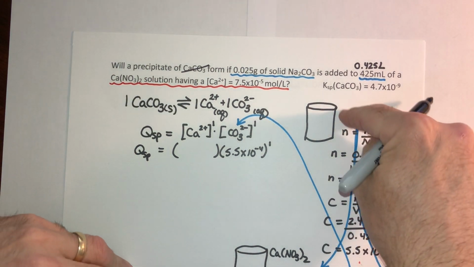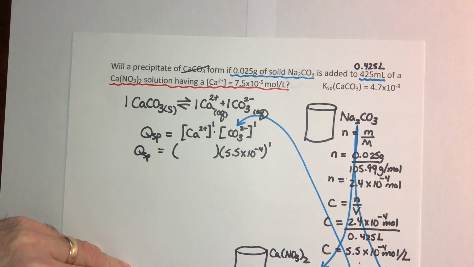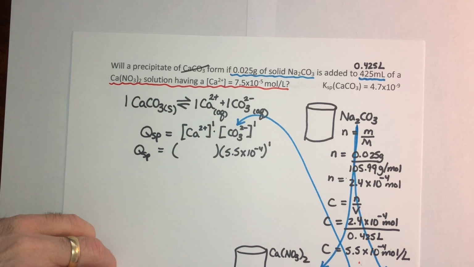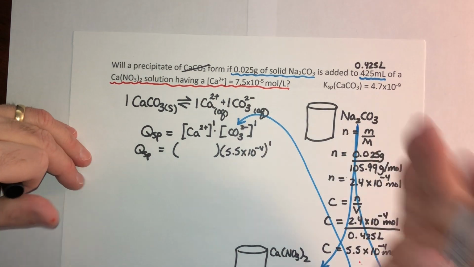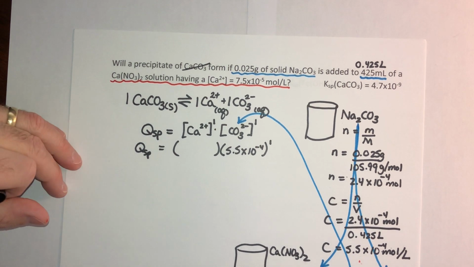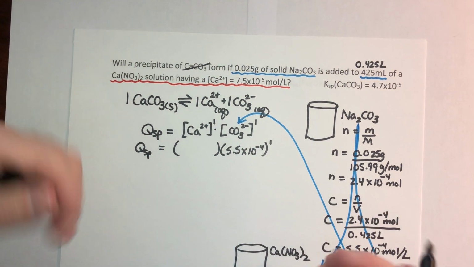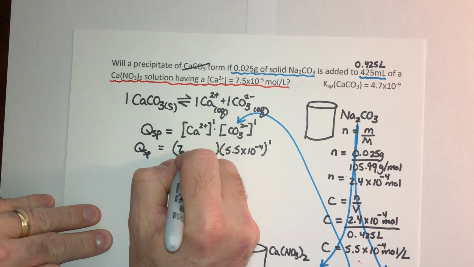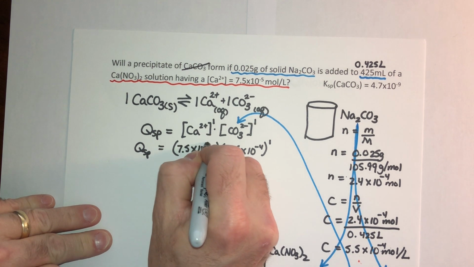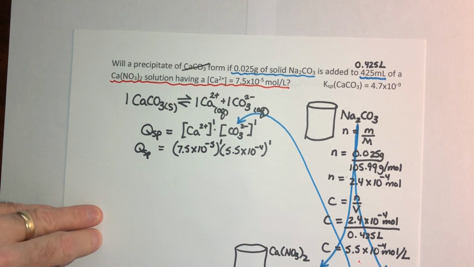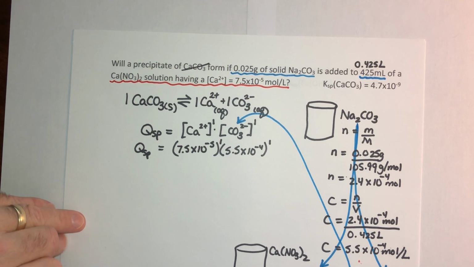Somebody has already done all of this for you, and they've already popped out the answer at the bottom. And that often happens. One chemical will be really hard, and the other one is just given to you. So this concentration would be 7.5 times 10 to the minus 5 to the power of 1. One easy, one hard.